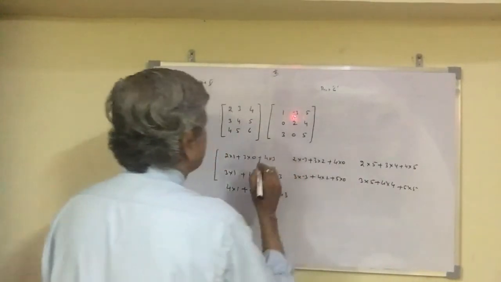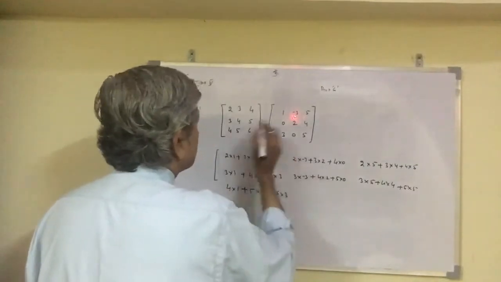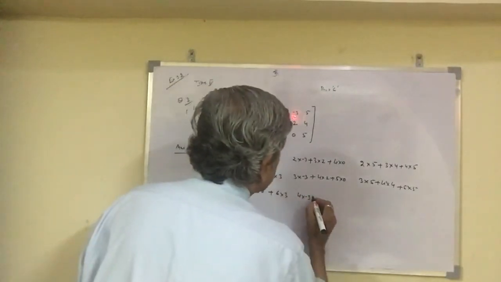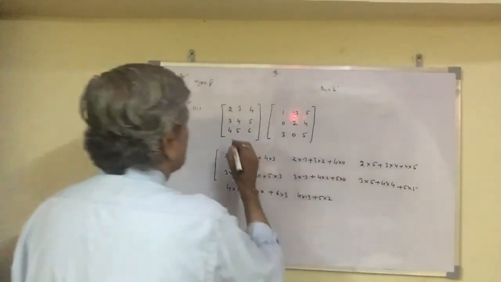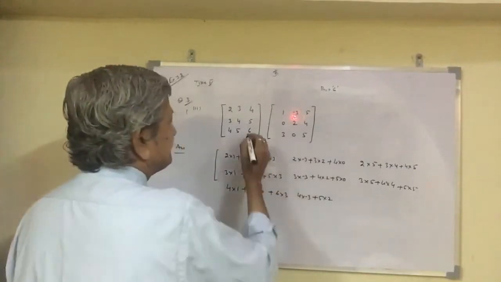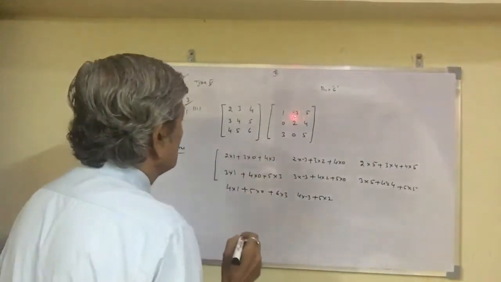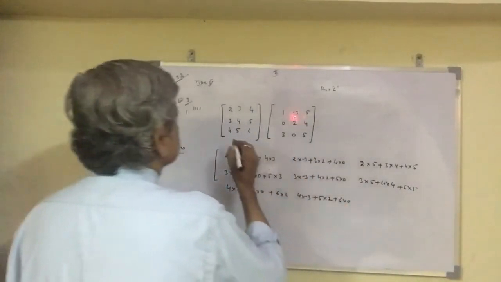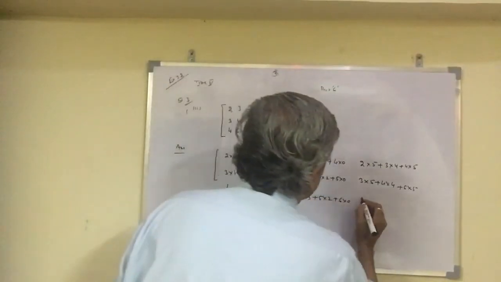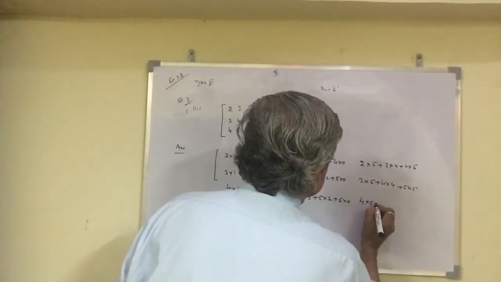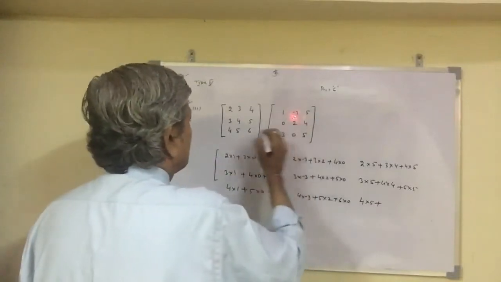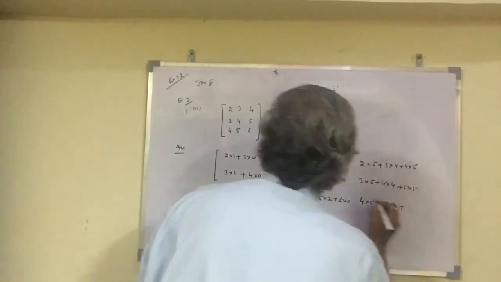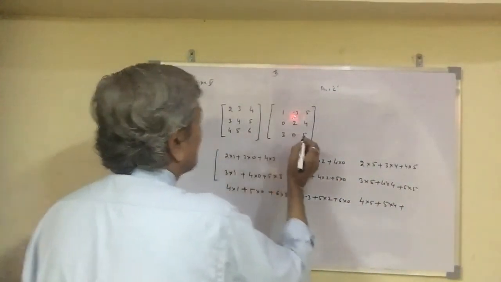Then the second element: 4 into minus 3, then 5 into 2, then 6 into 0. Then third row with third column, so 4 into 5, 5 into 4, and for the last 6 into 5.